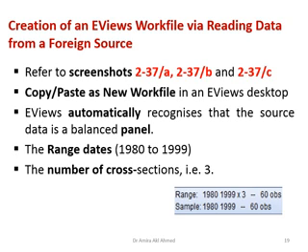Different ways could be used to create an EViews work file through reading data from a foreign source. By a foreign source, we mean a non-EViews work file, such as Excel. Now we will apply this method to bring the balanced panel dataset directly to EViews.